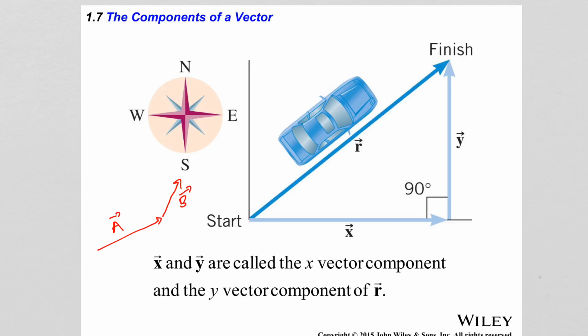Okay, so here is the beginning of the procedure, so to say. I have a displacement vector, r, let's say of an automobile that's traveled a certain distance in space along a straight line.